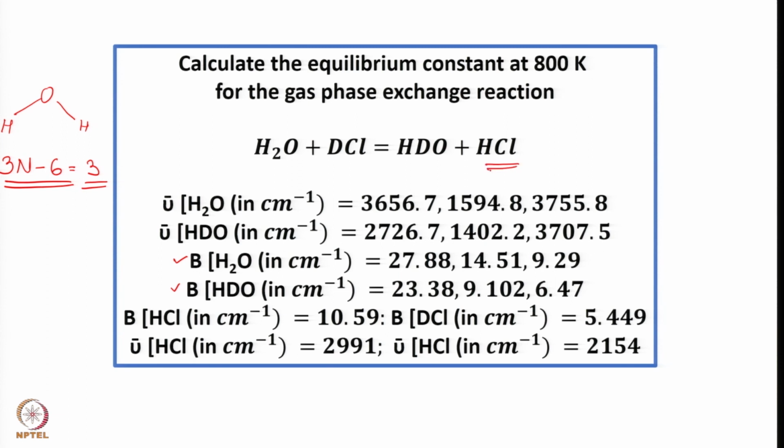HCl being linear and DCl being linear, they are linear rotors, so you will require only one rotational constant for each. And for a diatomic linear molecule, there is only one normal mode of vibration. So, there is only one value given for HCl and only one value given for DCl. With this data, now we have to proceed and evaluate the value of the equilibrium constant.